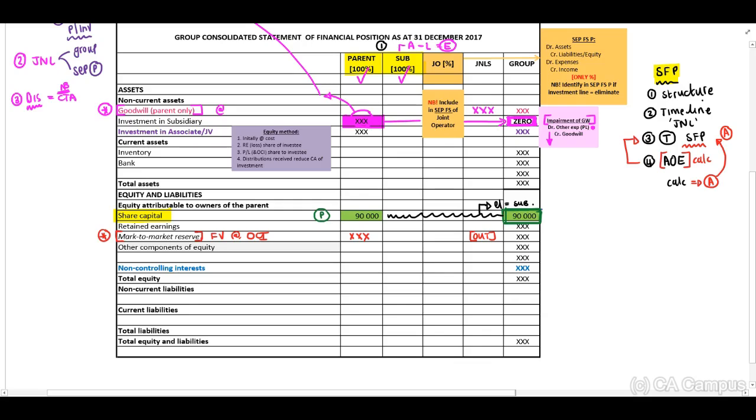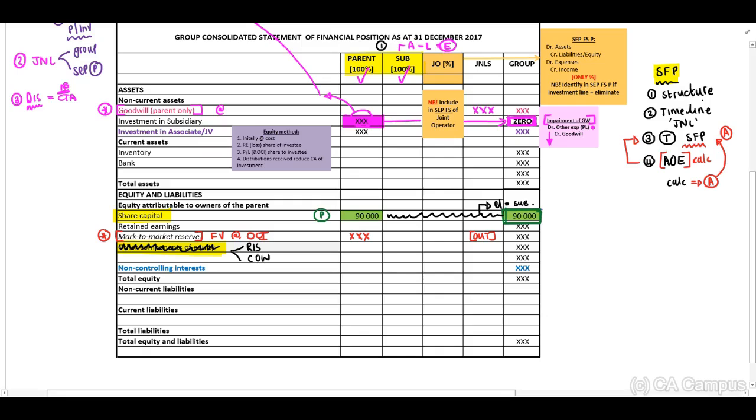Then below the mark-to-market reserve, I've included other components of equity. This will be, for example, your revaluation surplus, your change in ownership, and so forth. Guys, please do not include an other components of equity line item in your statement of financial position. Remember, this is only an extract.